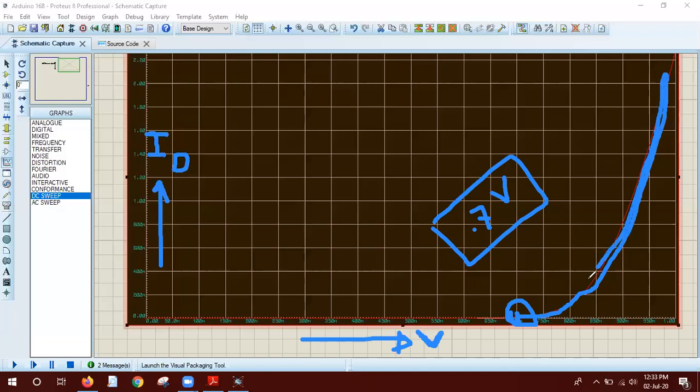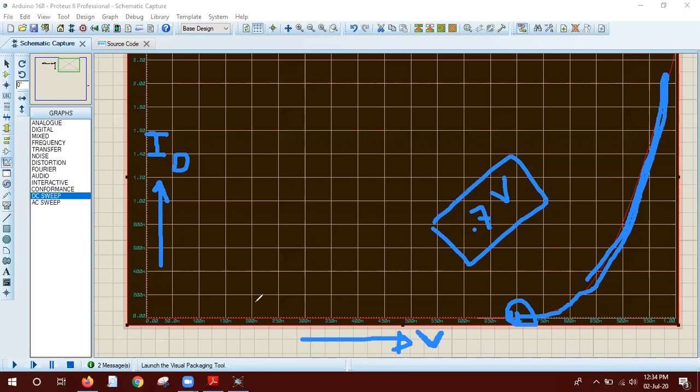Is it matching our theoretical knowledge? Yes, sir, it is matching. If we apply it similarly in practical life also, we'll get almost the same result from this kind of experiment. Am I clear? Yes, sir.